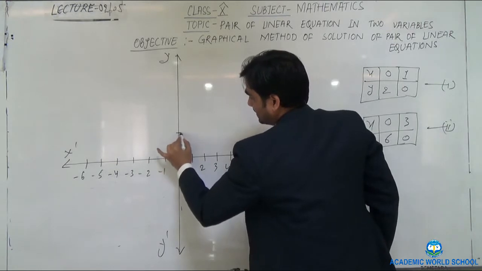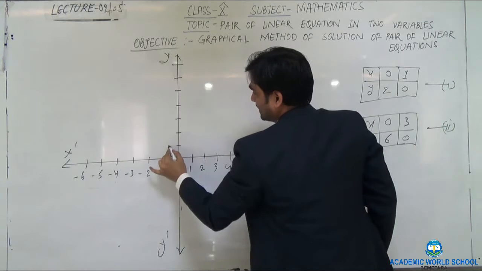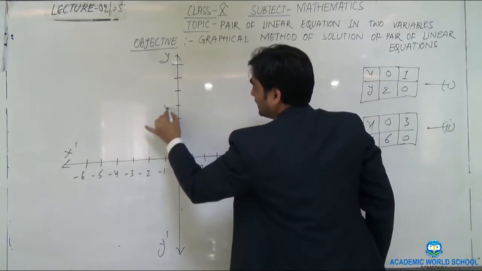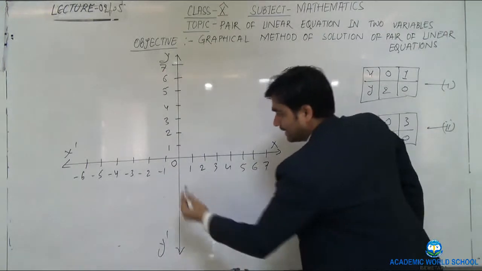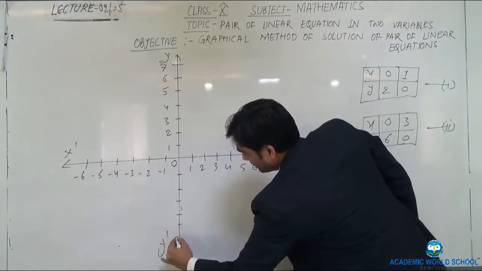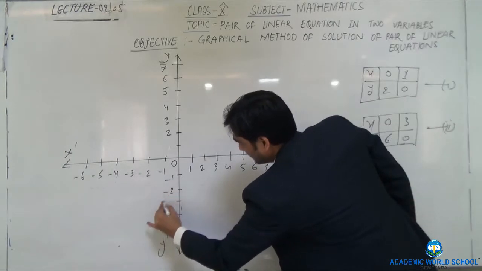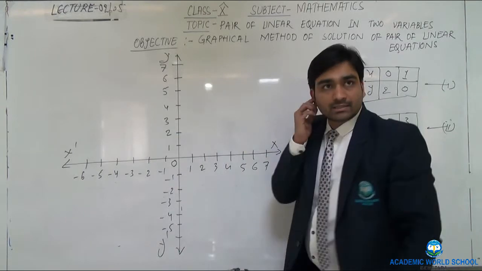Similarly, in the upward direction these values are positive 1, 2, 3, 4, 5, 6, 7, and in the downward direction these are all negative: -1, -2, -3, -4, -5 and -6.